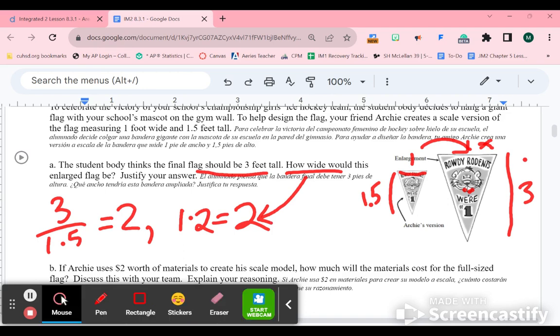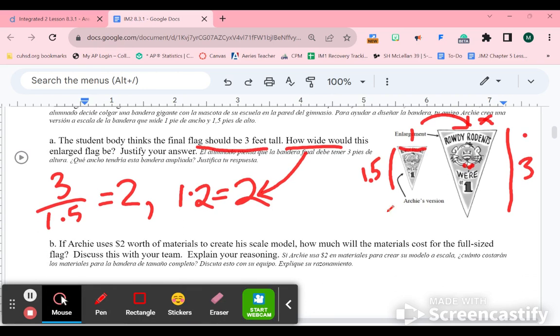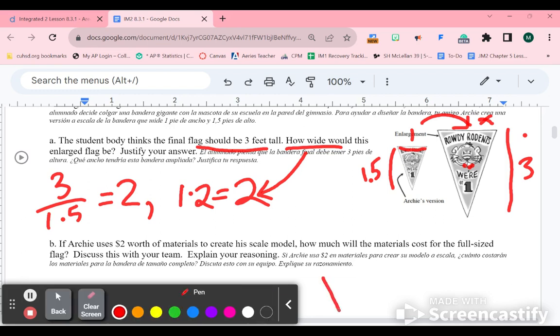Let's keep going. If Archie uses $2 worth of materials to create his scale model, how much will the materials cost for the full-size flag? So this little flag is $2. And the question is, how much does the big flag cost?